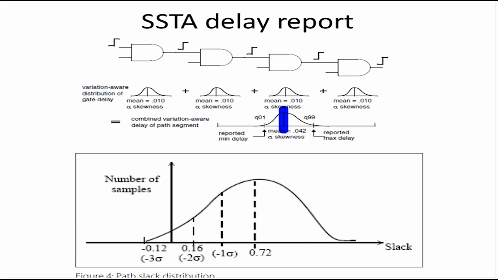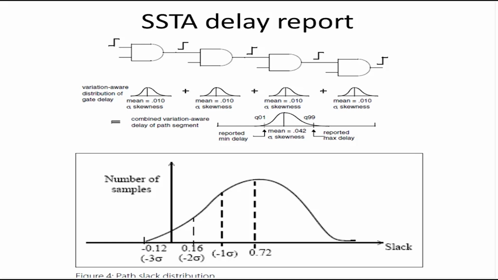So if you want to sign off till -3 sigma, you will have to move this curve to the right side. You will have to make the fixes, right? You will have to make sure that the -3 sigma value is 0. Only then you can say that I have signed off my design for -3 sigma, right?